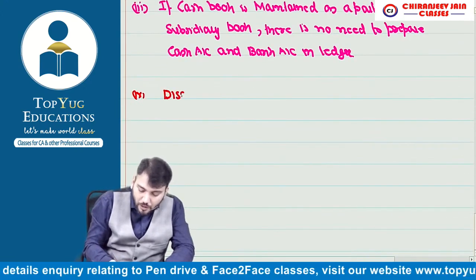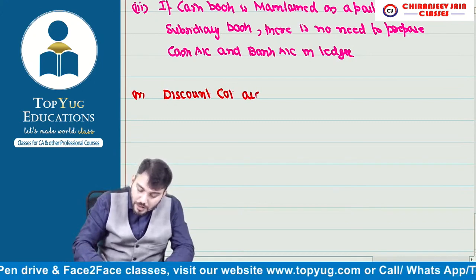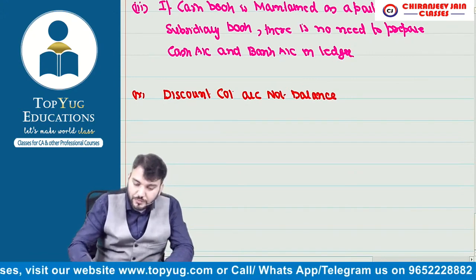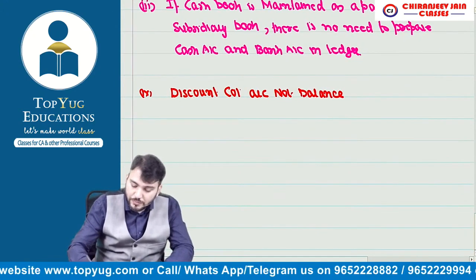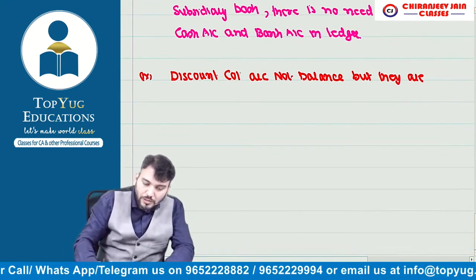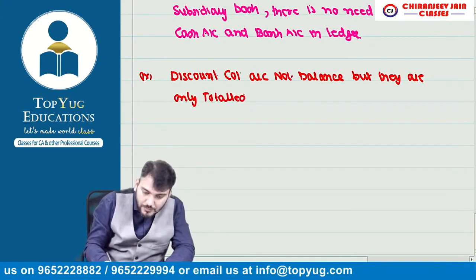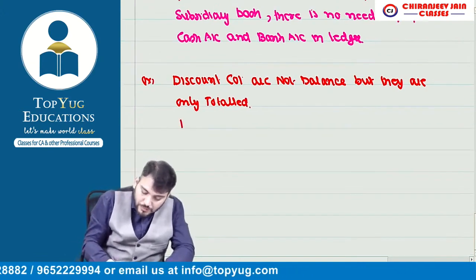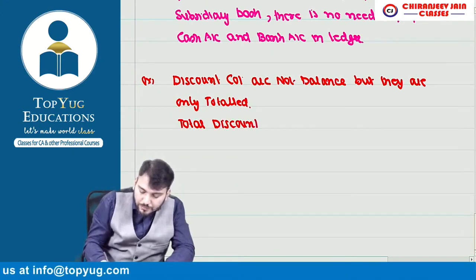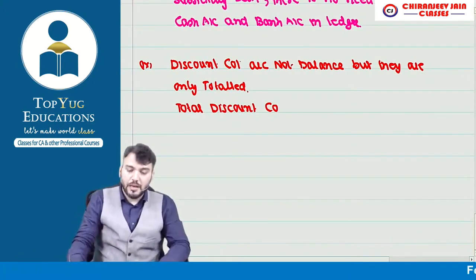See, discount columns are not balanced, correct? Understood? But they are only totaled. Total of discount column, understood?